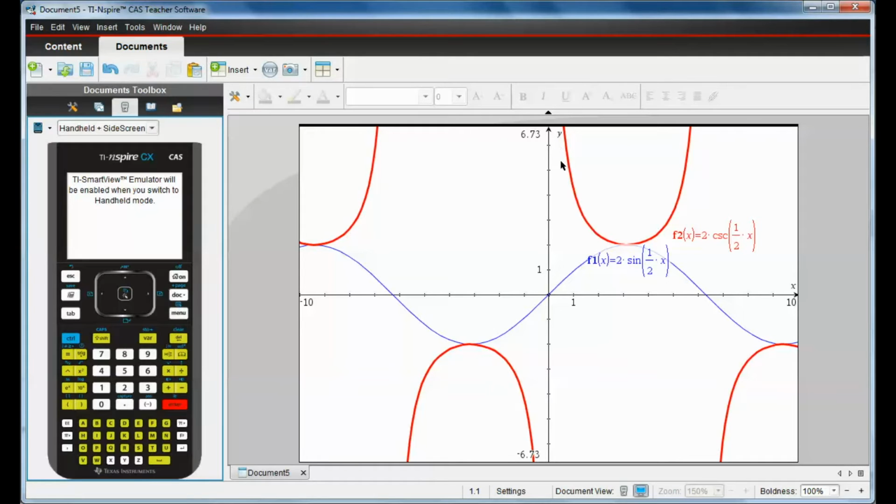So you see, now we don't have the vertical asymptotes drawn, but at every high point you have a U-shaped graph opening upward, and every low point you have a U-shaped graph opening downward.